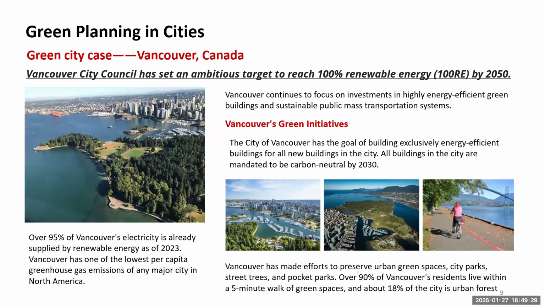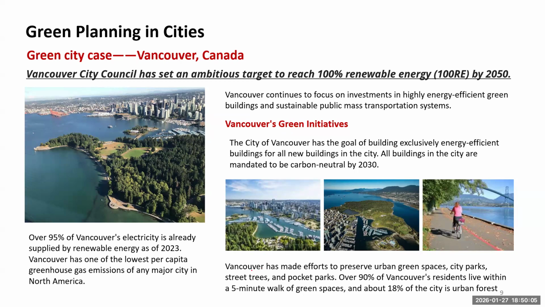And also in Canada, Vancouver is a city with very clear green initiatives. The city has the goal of building exclusively energy efficient buildings for all new buildings in the city. They planned all buildings in the city to be mandated to be carbon neutral by 2013.